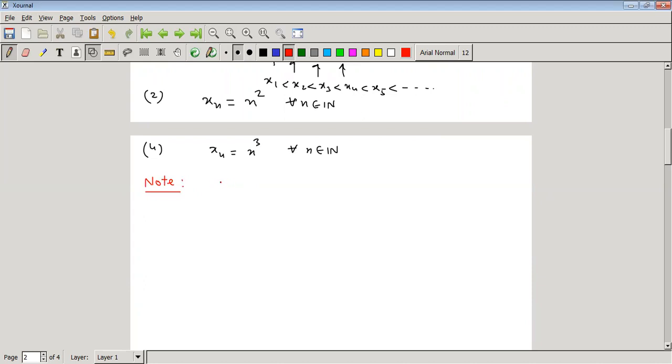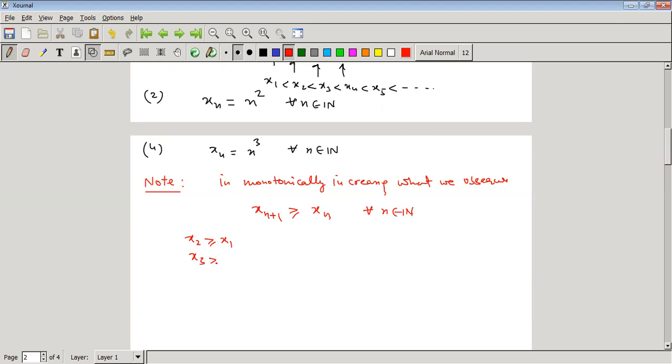In a monotonically increasing or strictly monotonically increasing sequence, what we observe is that x(n+1) is greater than or equal to x(n) for every n in N. It means x2 is greater than or equal to x1, x3 is greater than or equal to x2, x4 is greater than or equal to x3, x5 is greater than or equal to x4.